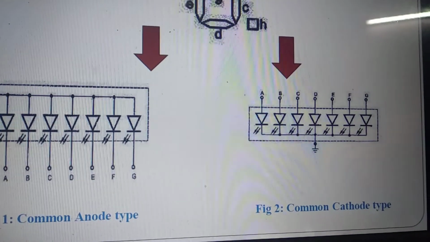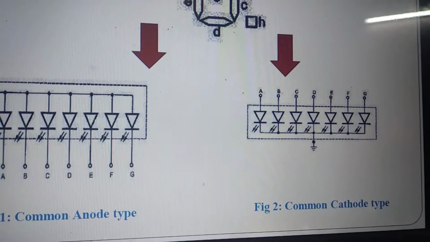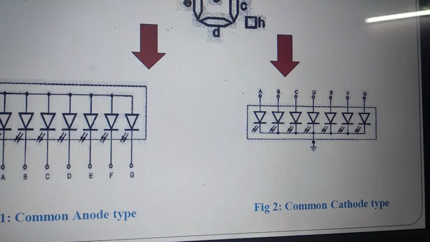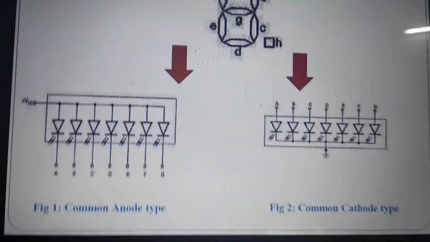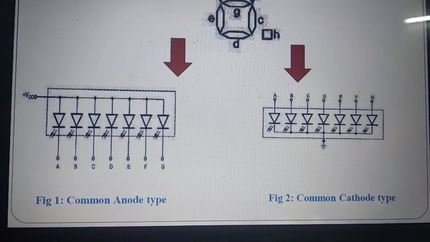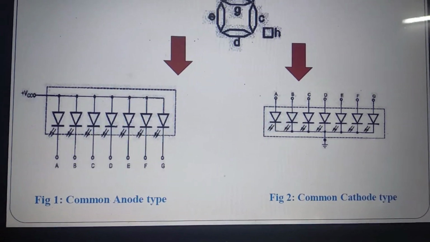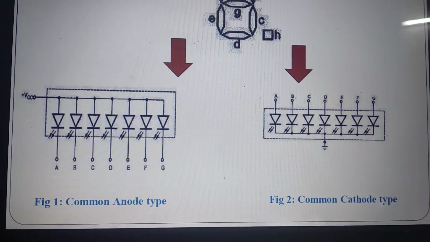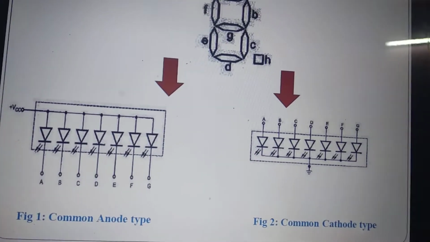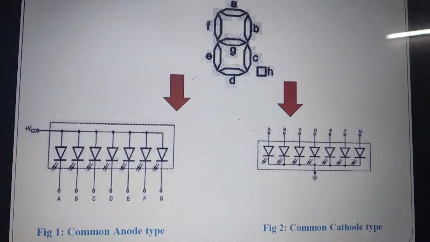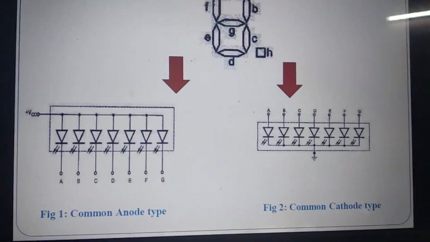In binary logic, 1 means plus 5 volts and 0 means ground. So depending upon whether it's a common anode type or a common cathode type, accordingly the interfacing circuitry will be modified.